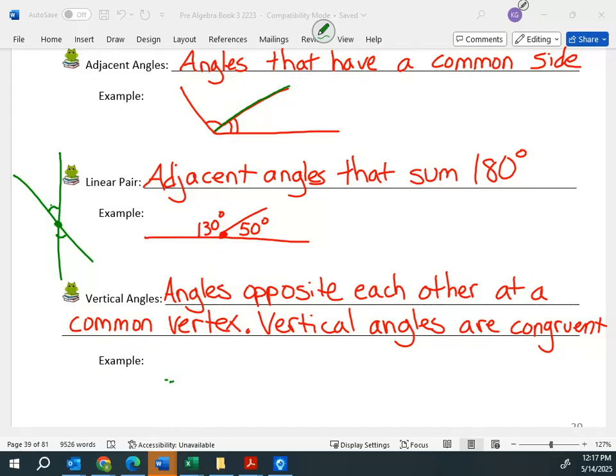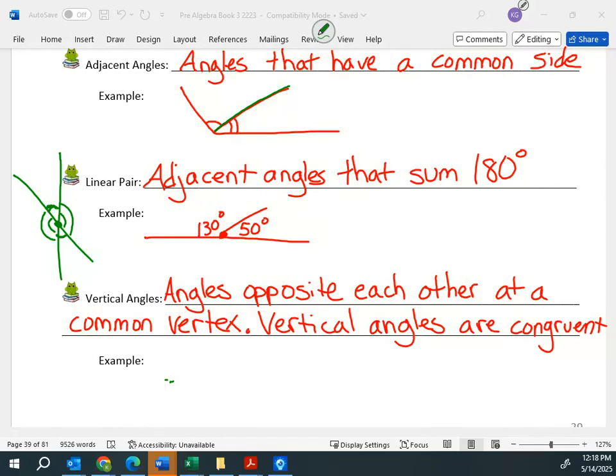Good guess. Fallon? They're congruent. So over here, this angle will be two arcs with two arcs, showing that they are congruent. If those opposite angles are congruent, so one arc to one arc are congruent, two arcs to two arcs are congruent. So vertical angles always make an X.